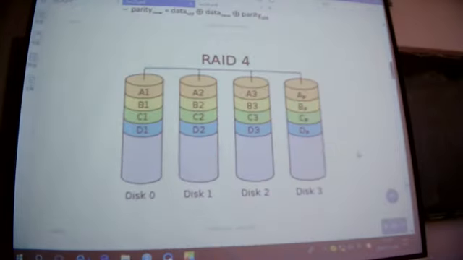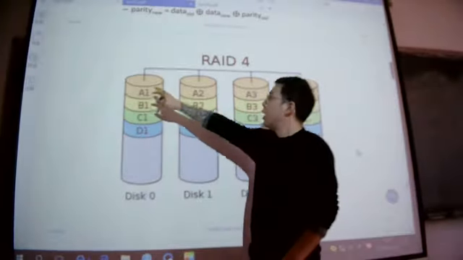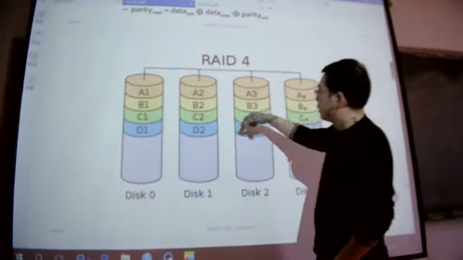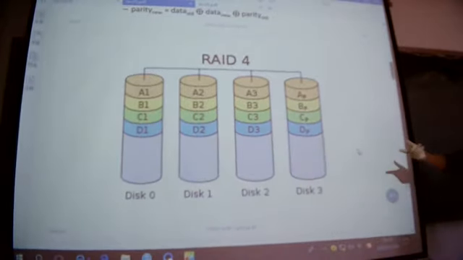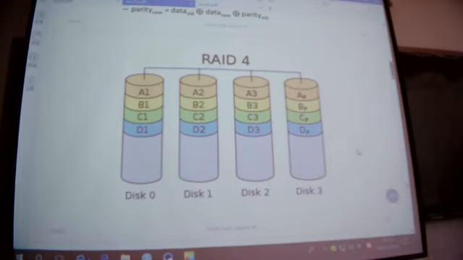Okay, this is RAID 4. You know there are 4 disks, and you can see 1, 2, 3, 4. 1, 2, 3, 4. So you can see that part is like RAID 0. That one is the parity disk, on the right side.